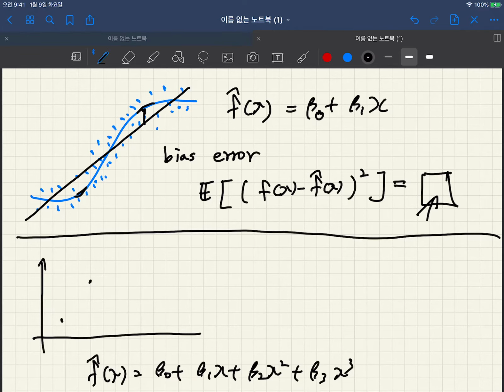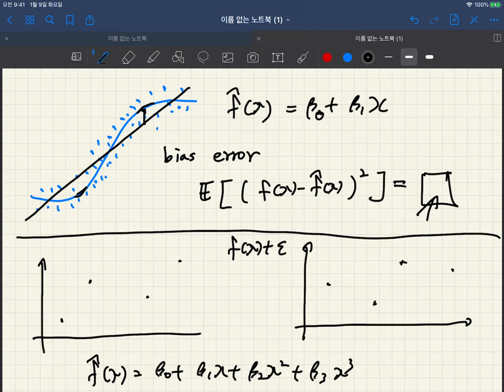And let's imagine you can get 2 data sets, and the 2 data sets are generated from some random process from the same ground truth function f(x). This generates 2 training data sets with 4 different data points. Okay.